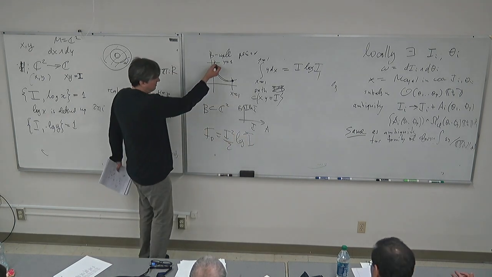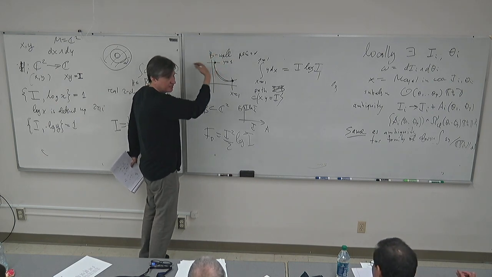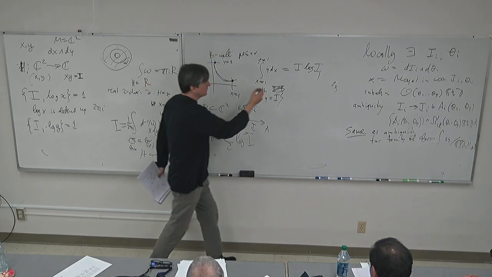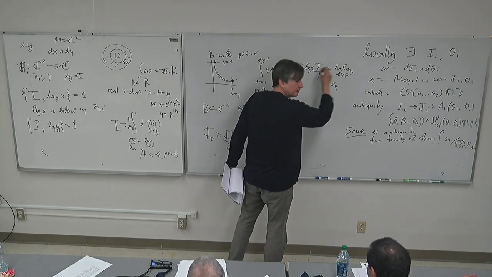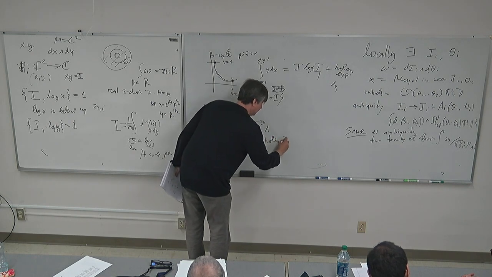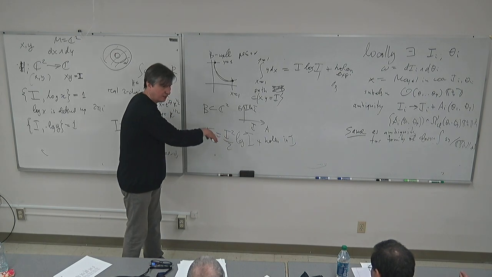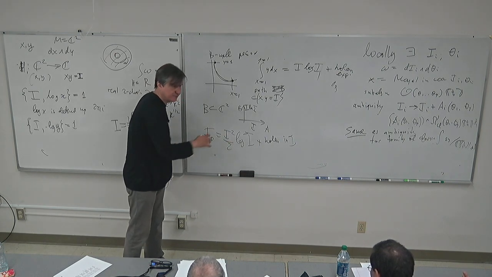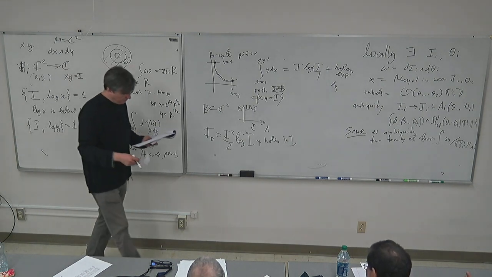But here I made this cut, it wasn't really an actual integral of some cycle, I just cut it somewhere. And it's defined up to a holomorphic expression, and here it's also up to a holomorphic expression. So we see the singularity of f0, up to a holomorphic function, is given by I square over 2 times log I.